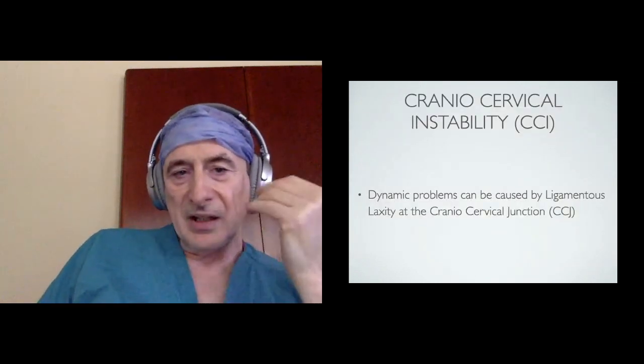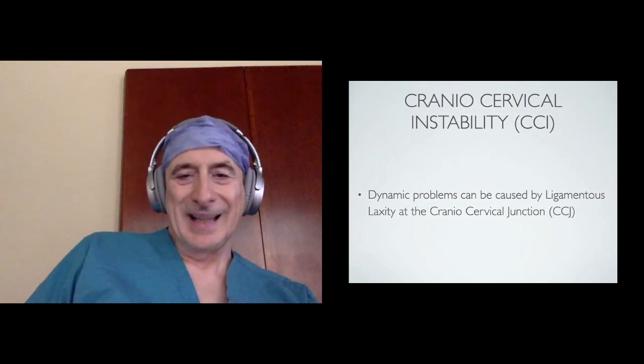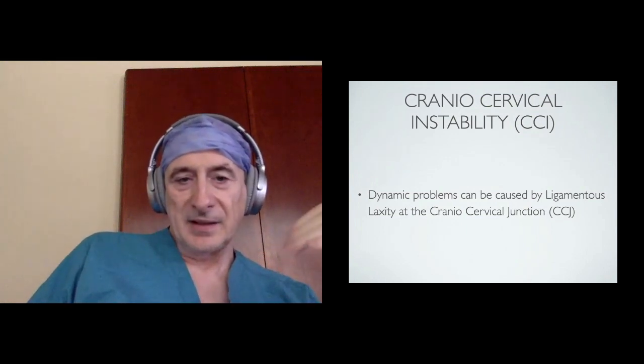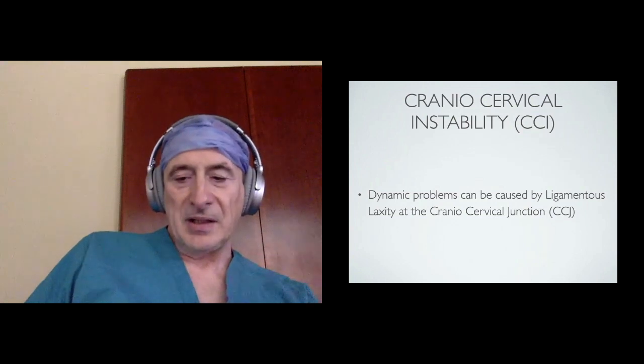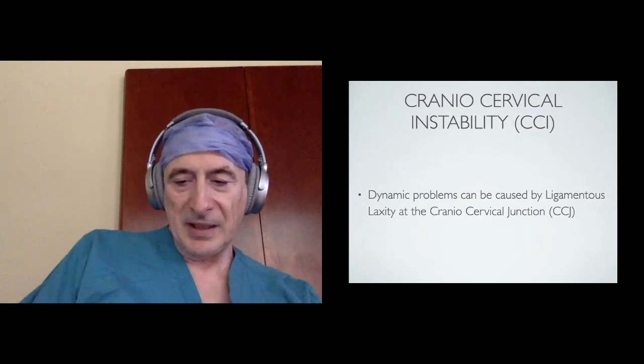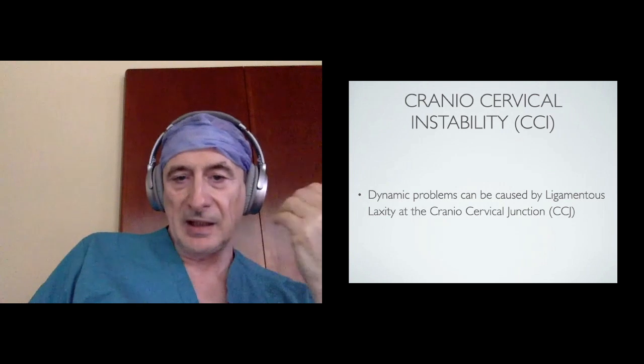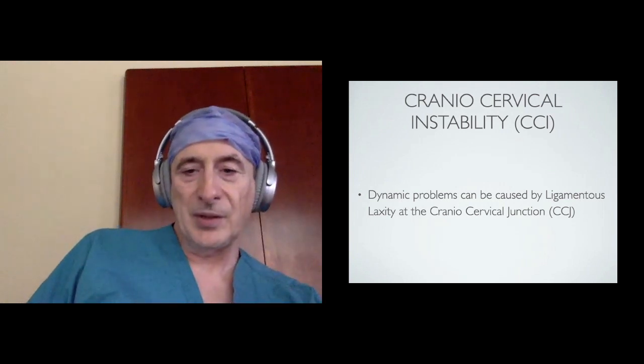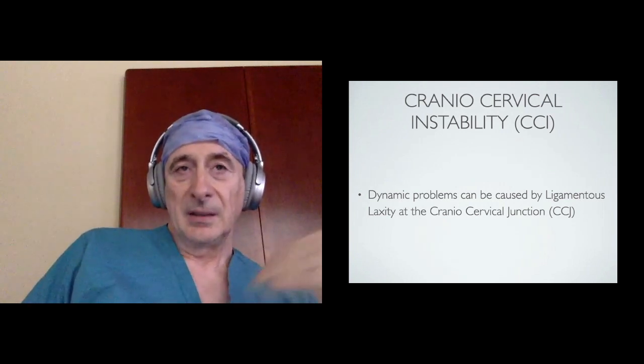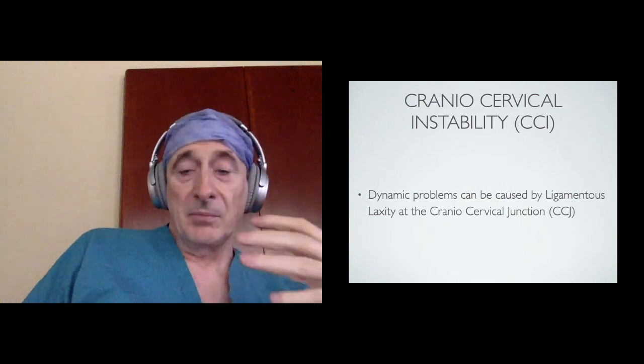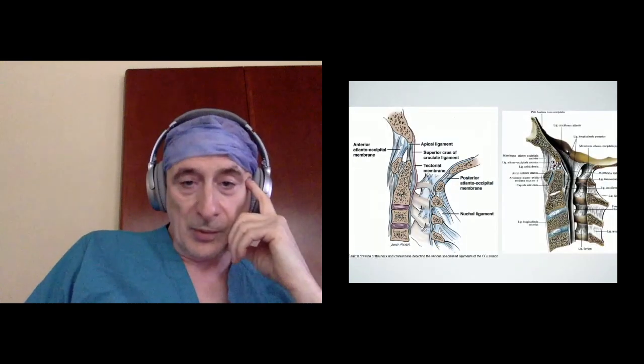Now, the craniocervical instability can also be caused by dynamic problems which affect the ligaments. So everything which affects these rubber bands which keep the joint together can lead to craniocervical instability, even if all the other pieces, the bones, etc., are completely intact and they look normal.